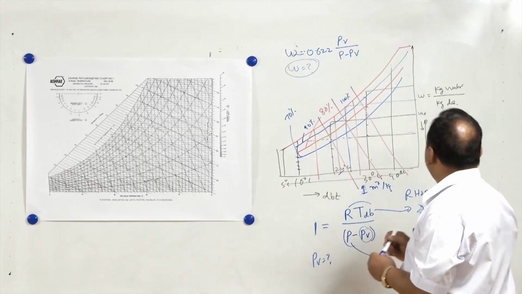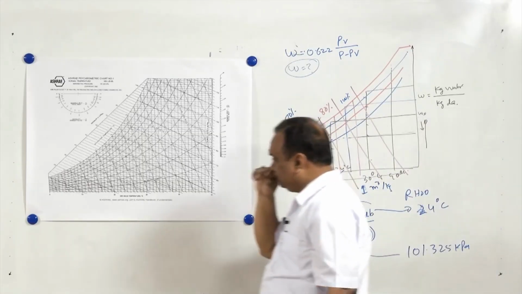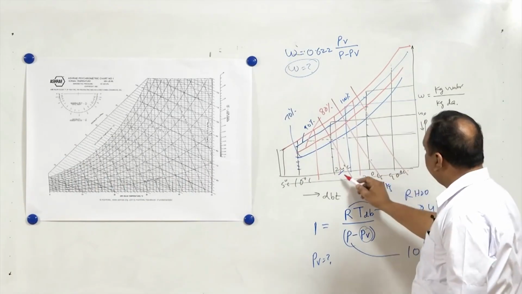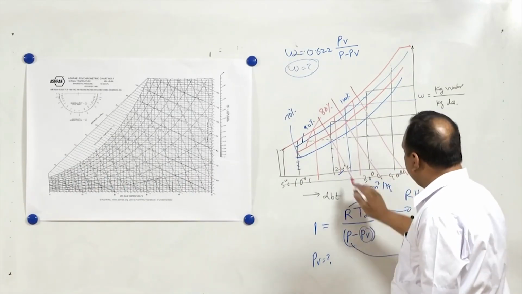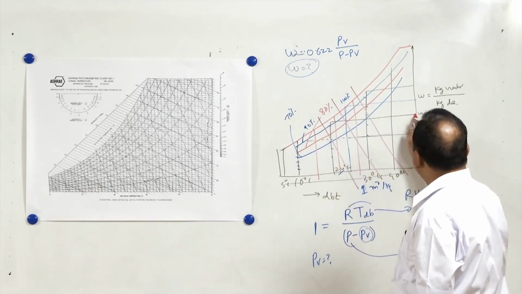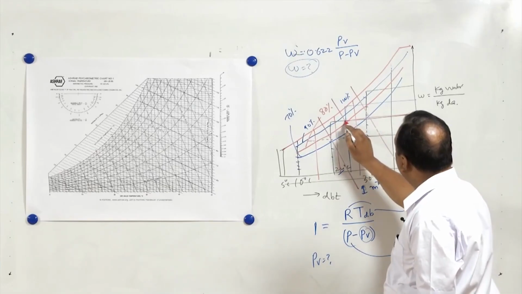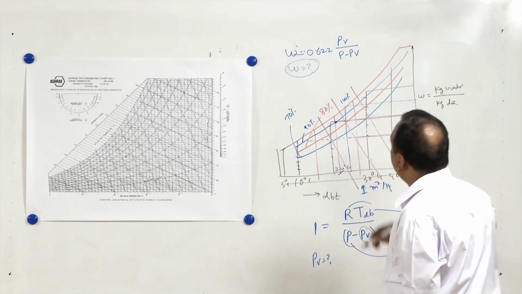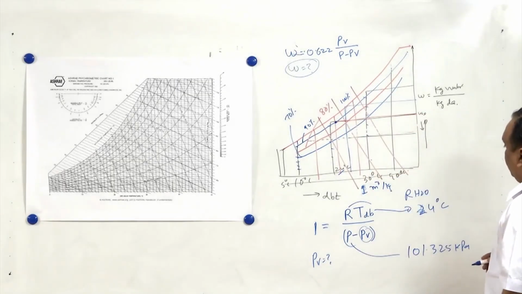So once we have the value of specific humidity here, we can draw lines. So let us say 24 degree centigrade. We have the value of specific humidity and this will give the first point of the constant volume line.